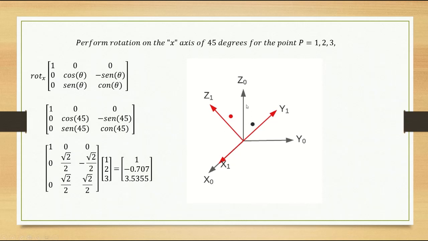In the original plane, we locate the first point, 1, 2, and 3. And for the point 1, we use these coordinates: 1, minus 0.7, like in here, and 3.5.